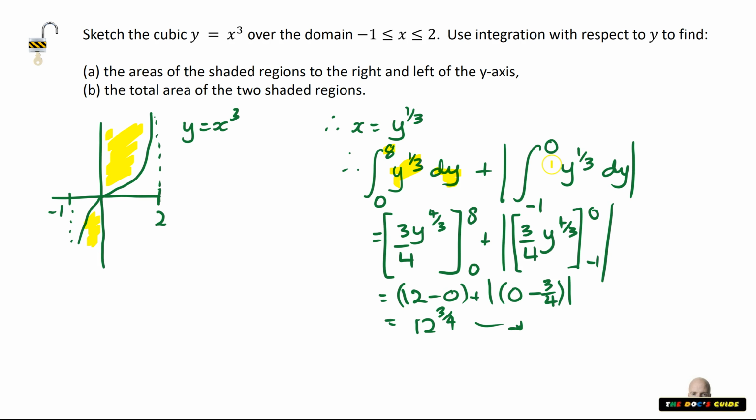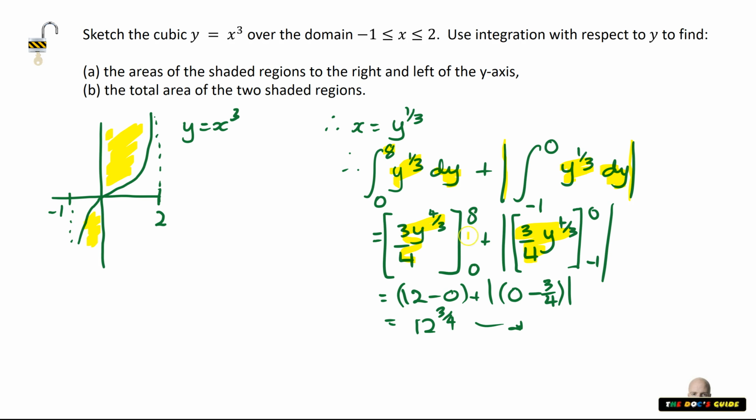Our second part, from y equals minus 1 up to y equals 0 of our function, is going to be negative, so we take the absolute value when we integrate with respect to the y-axis. We find our primitive, which will be the same in both cases.